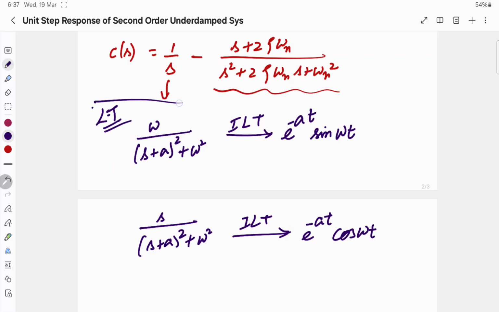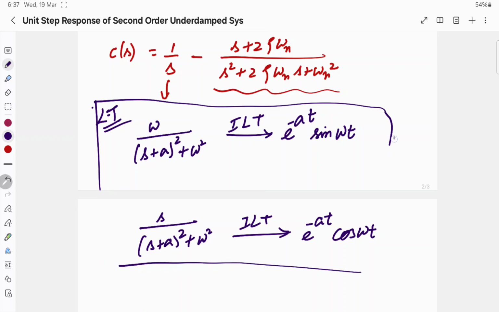Okay, so if you know these things, then it will be easier for us to solve the second equation. Now if you look at the second equation, we have to bring it into one of these formats, either this or this, so that we can write it in terms of sine and cos.